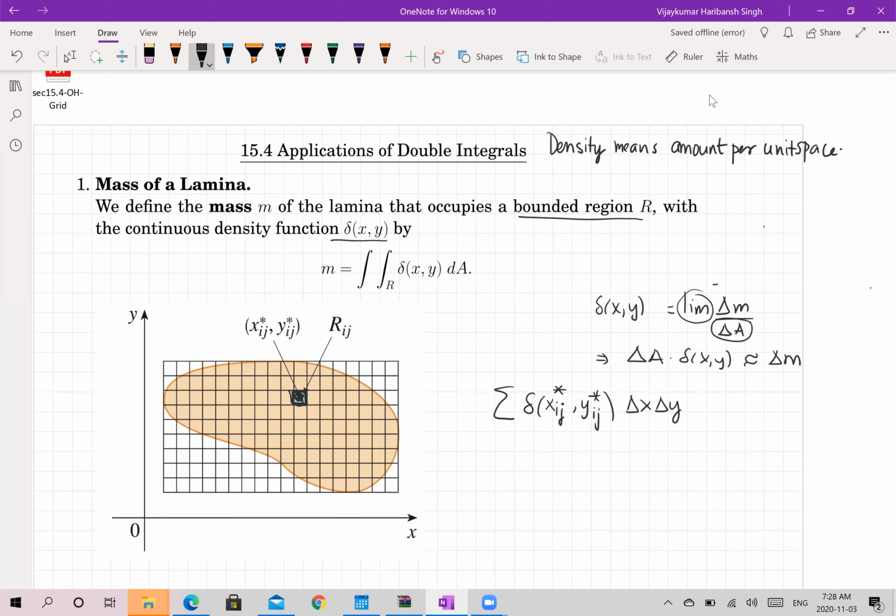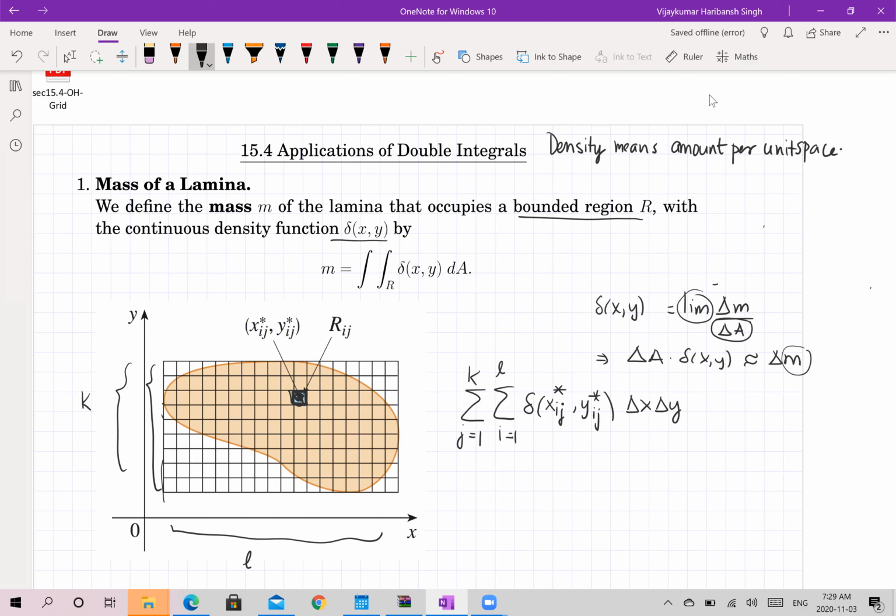Now you take the sum. If the number of rectangle divisions is, say, L here and k of these, then we get the summation i going from 1 to L, summation j going from 1 to k.